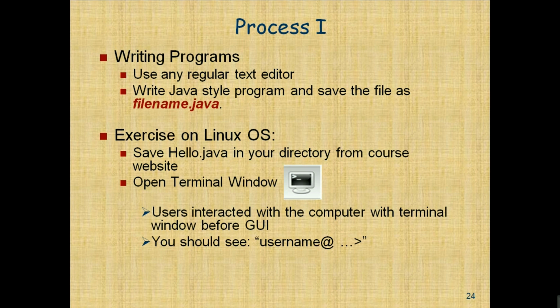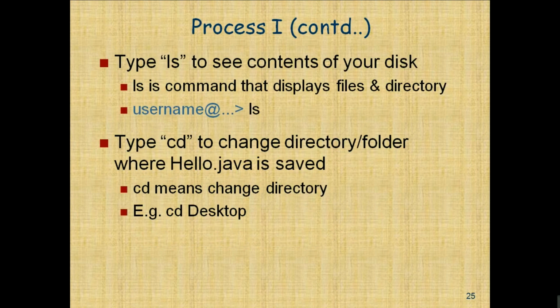We'll do a simple exercise on the Linux operating system. Just for example, save hello.java in your directory from the course website. Open a terminal window as shown in this picture. Users interacted with the computer through a terminal window before GUI. You should see username at the rate, then you can type.